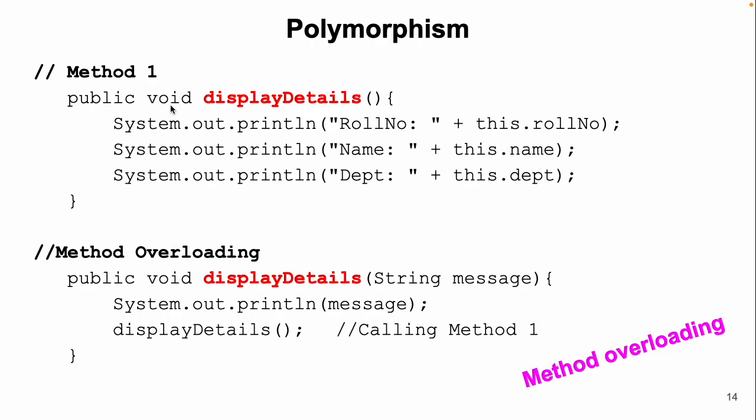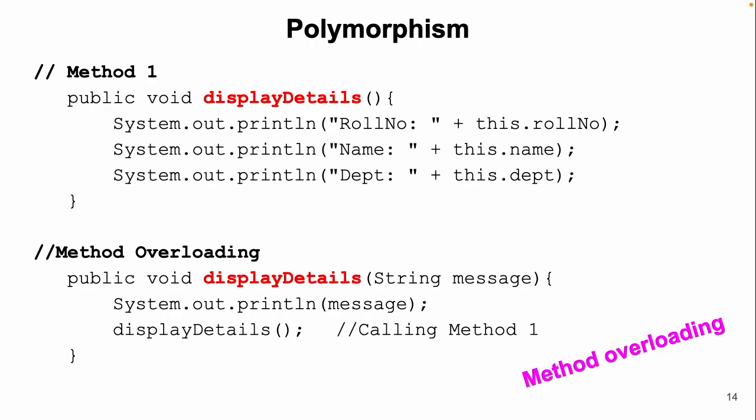Here my return type is void with no arguments, and another method may have return type integer and no arguments. This is how we achieve method overloading. The name of the method is the same, but the return type, number of arguments or type of arguments may vary.